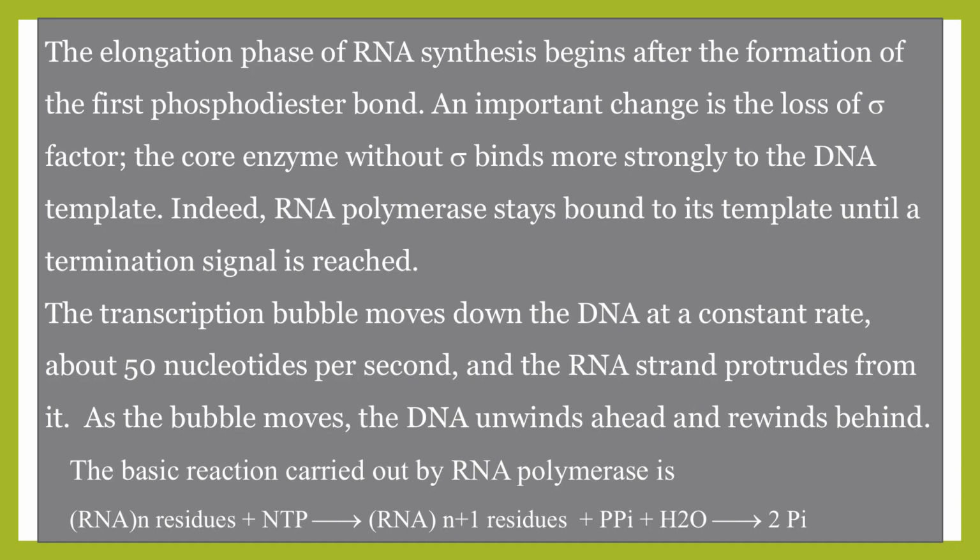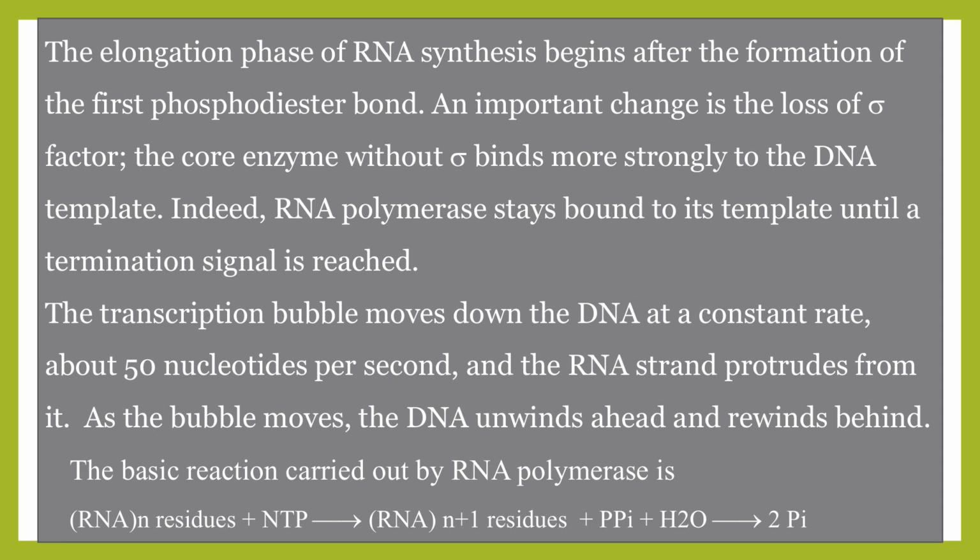Now in the elongation phase, RNA synthesis begins after the formation of the first phosphodiester bond. Whether it is DNA or RNA, everywhere nucleotides are linked to each other by phosphodiester bonds. But what would be the first base, the second base, the third? It is not arbitrary, it is directed by the complementarity of the template strand.